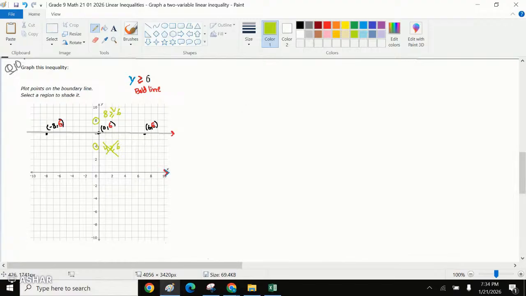If we take 9, 10, 10 is still greater than 6, right? So what we can do is shade the region that is above the line. Any point in this shaded region will justify the given inequality, that is y is greater than or equal to 6.